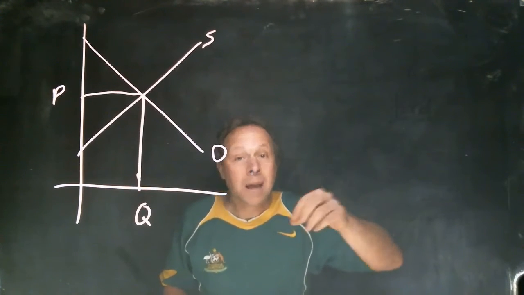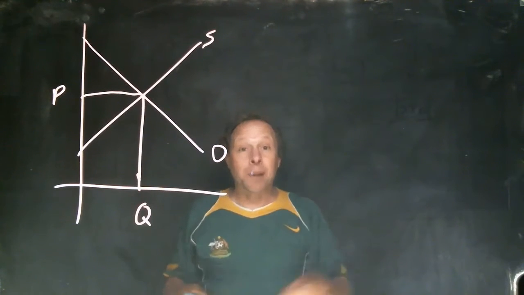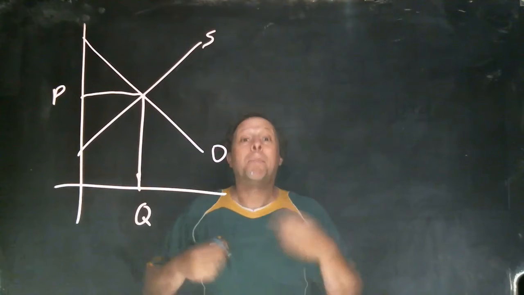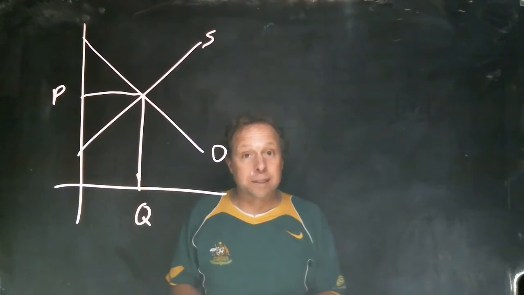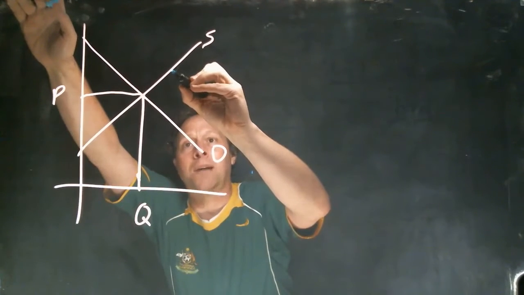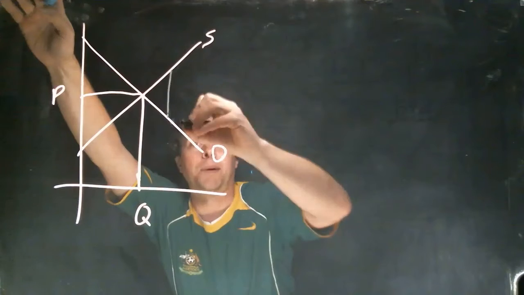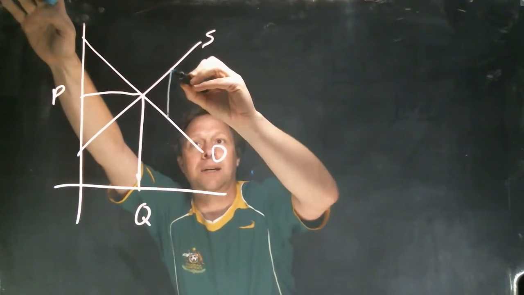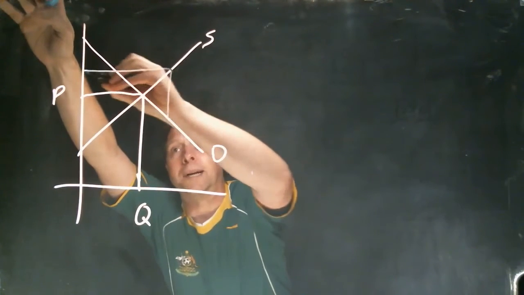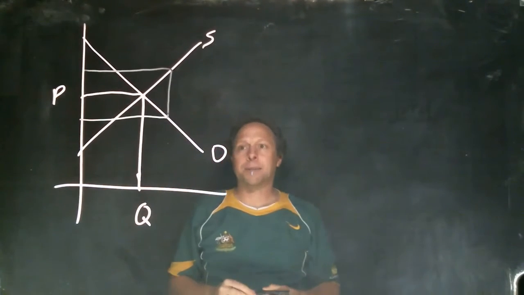So the supplier is going to get more than the demander pays, because the supplier is going to get the price plus the additional subsidy on top of that. So again, a subsidy is going to put a wedge in, but the wedge is going to be on this side of the curve instead of the other. So it's going to be a subsidy of this size that places a wedge between supply and demand.